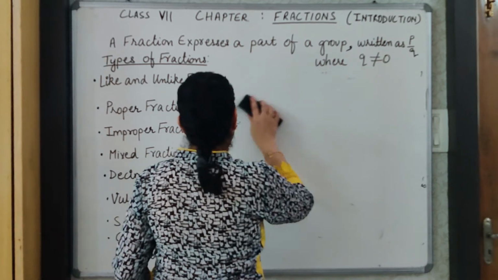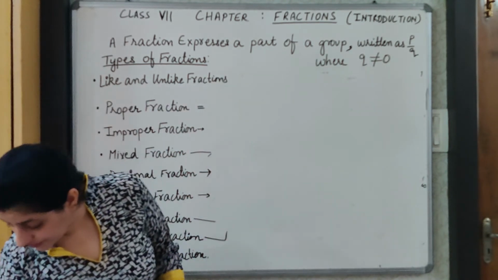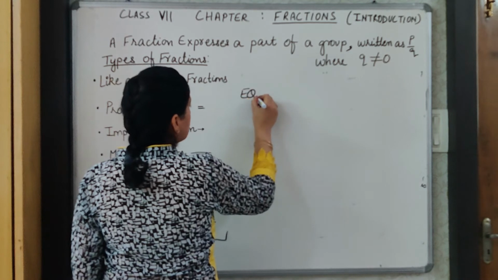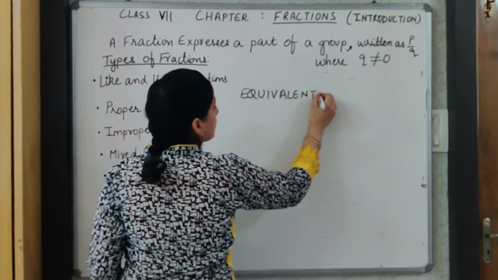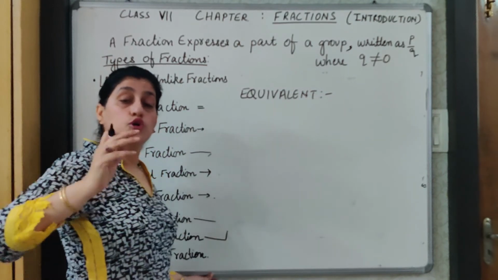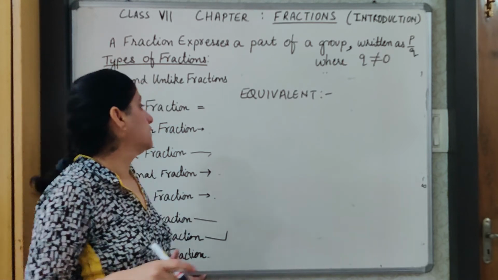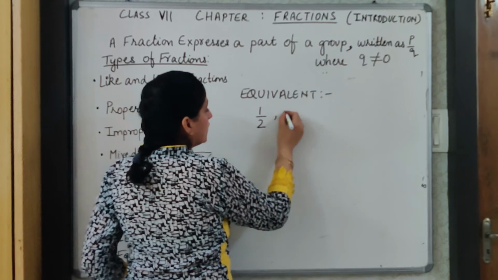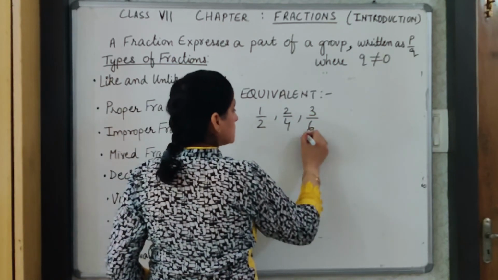What are equivalent fractions? This you have studied earlier also. Let's revise it quickly. So we are moving to the last one, which is equivalent fractions. Equivalent fractions are those group of fractions which have the same value. Like suppose I write 1 upon 2, 2 upon 4, then 3 upon 6.